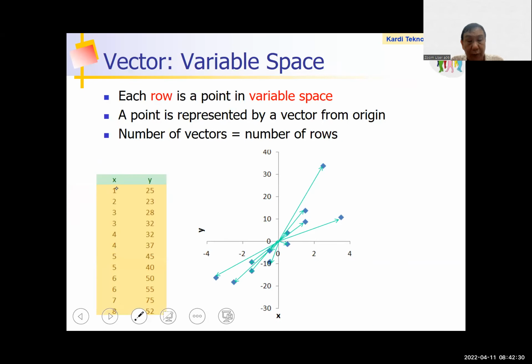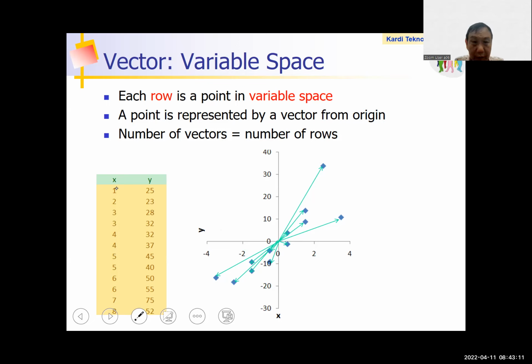Okay, now if you have the data, say two variables like this, x and y, each row here represents a point in what is called variable space. Variable space means each column here, x and y, is actually an axis.